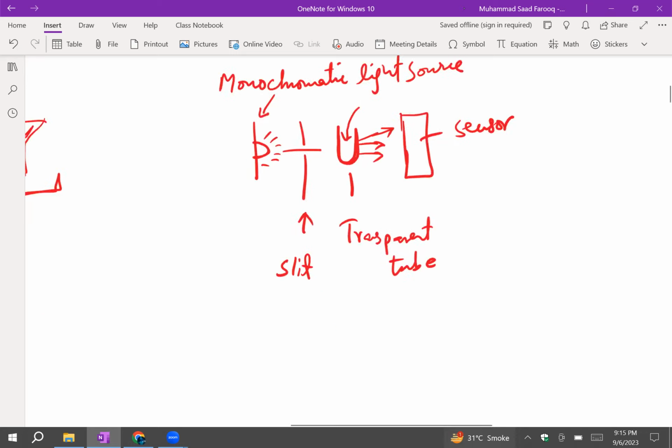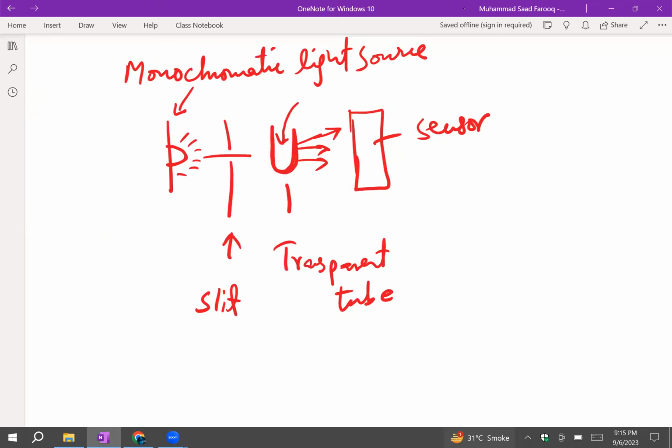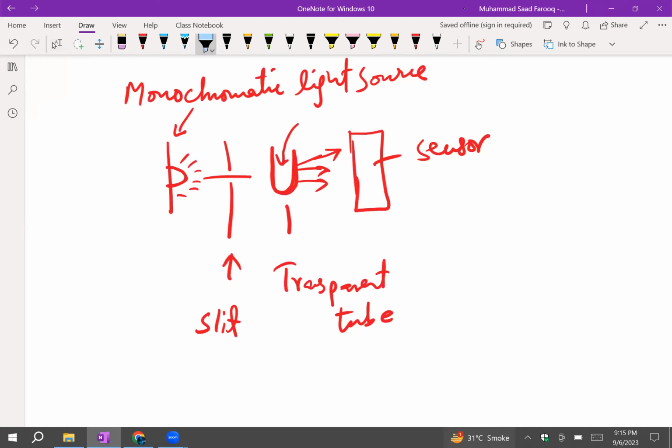So, if you're putting in distilled water inside this tube, we can expect that all light will pass through it.